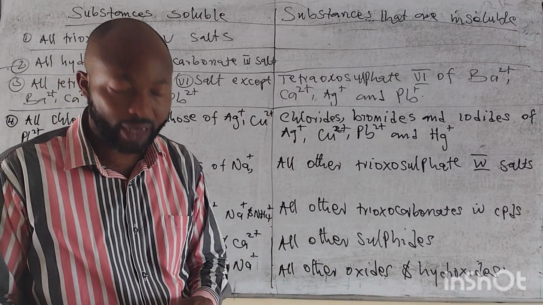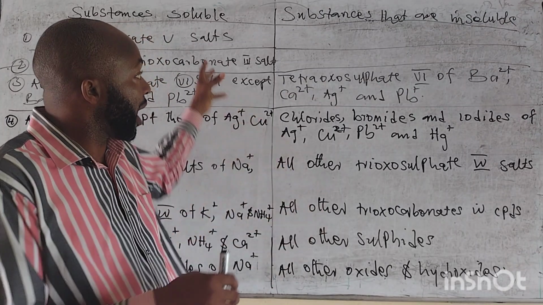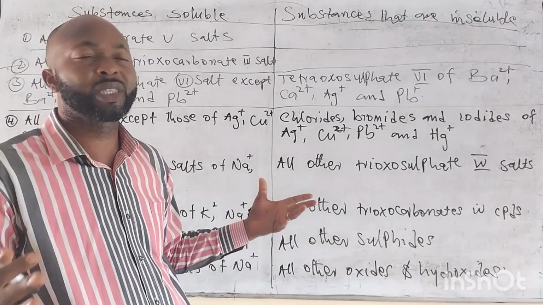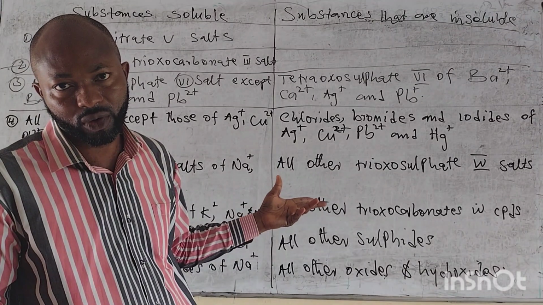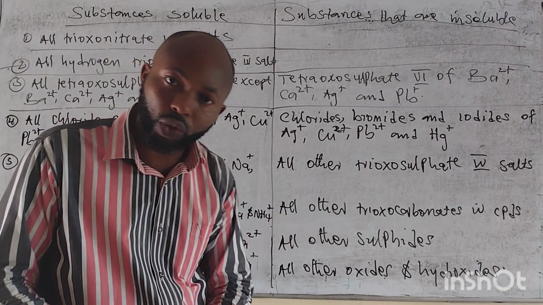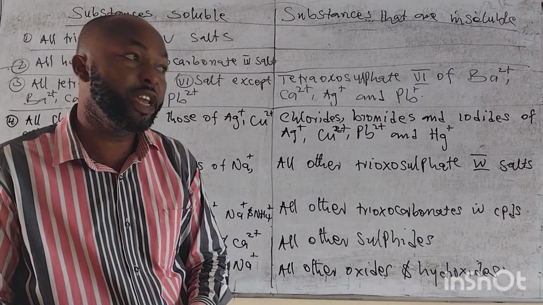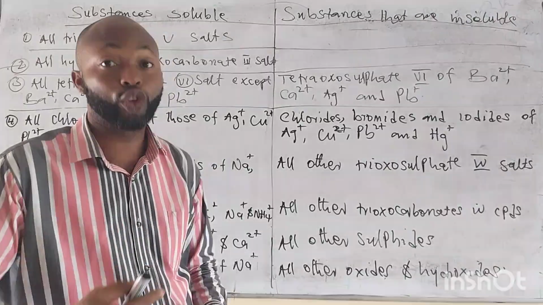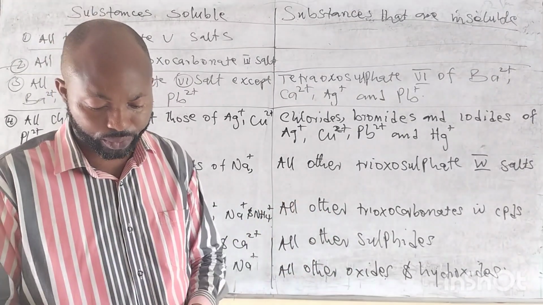It's as simple as that. But it is more important that you should have these in your head. You should be able to go through it and understand the basic principles. When you do that, you wouldn't have challenges when you come across any of the compounds given to you in terms of identifying whether it is soluble or not.